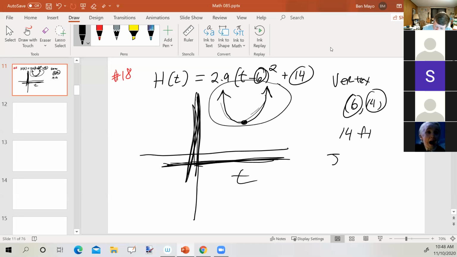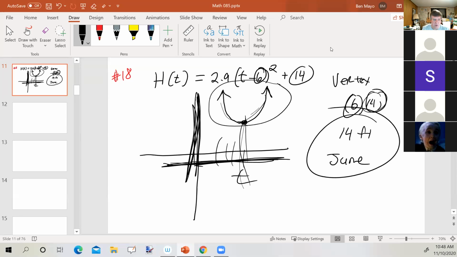The 6th month. So that would be June. Does that make sense? So basically, the vertex leads to the answers to these two questions. The lowest height would be 14 feet. And when would that happen? The 6th month, June. Okay, well, that's all the questions that people had.